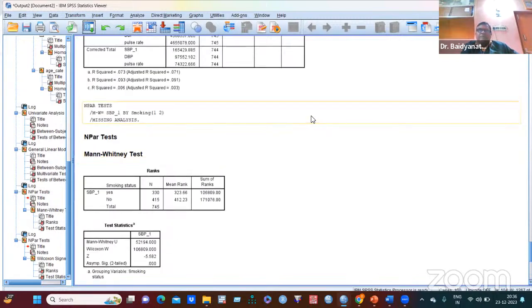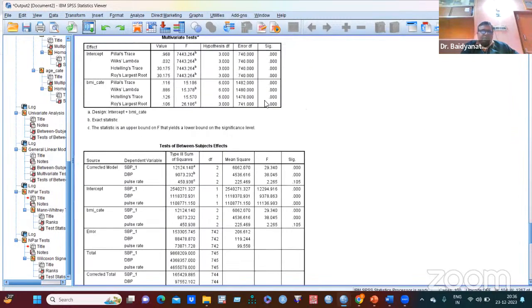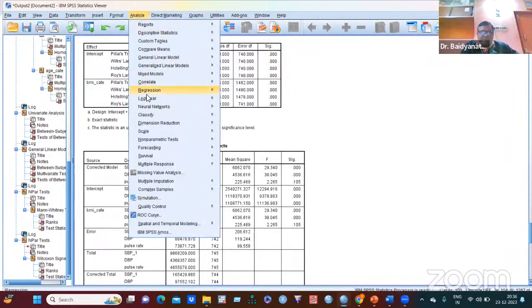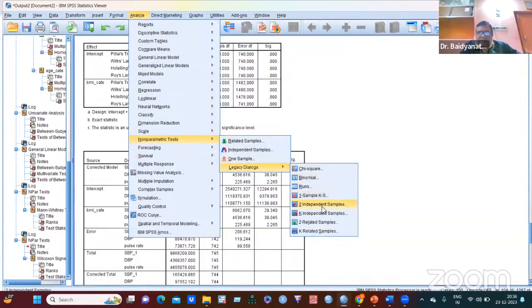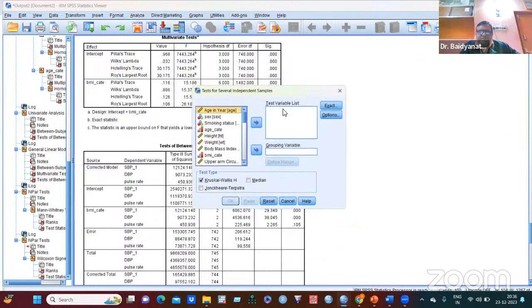Now I go to the ANOVA alternative. Here is non-parametric, and you can see K independent samples. Again, I put systolic blood pressure and BMI category also.